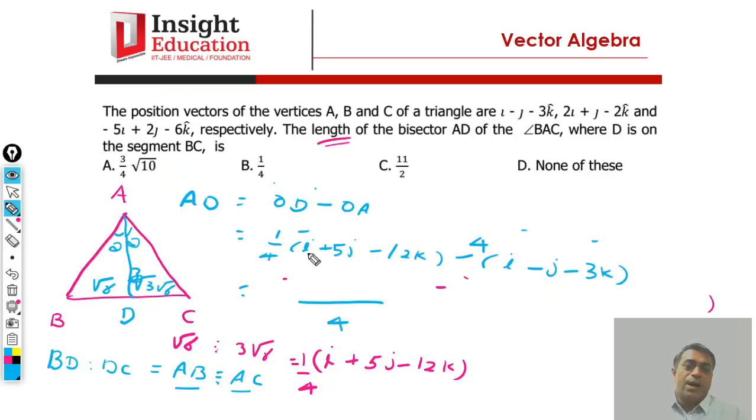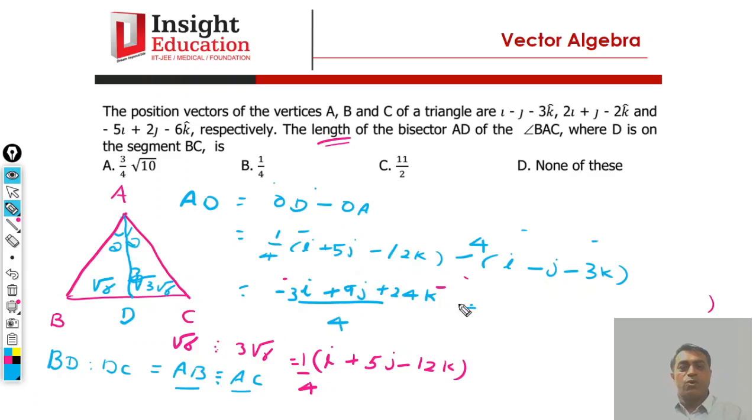So you will get I minus 4I, so I can say minus 3I. Then 5J plus 4J, I can say 9J. Then minus 12K plus 12K, so I can say 24K.